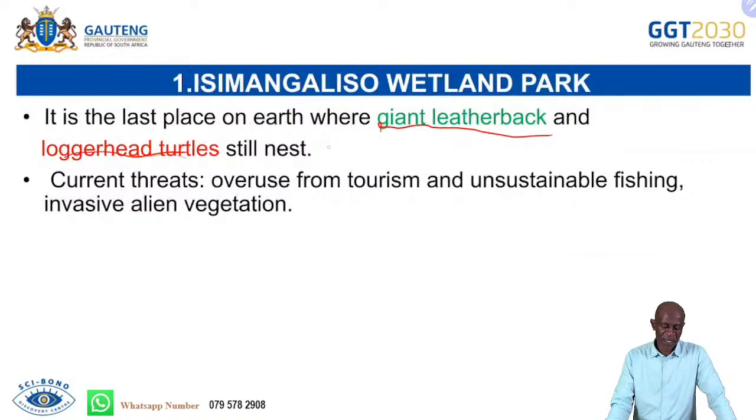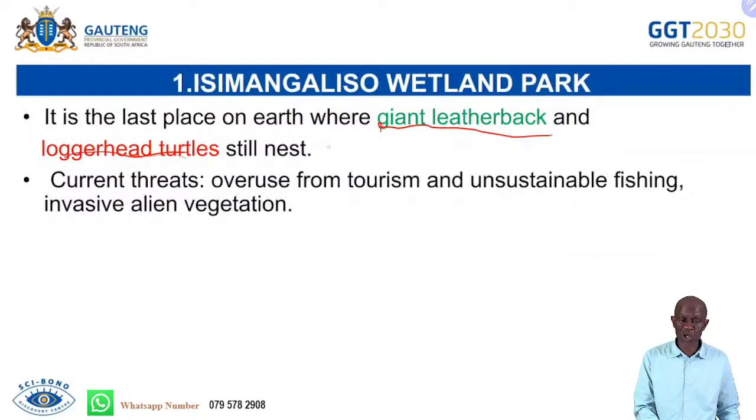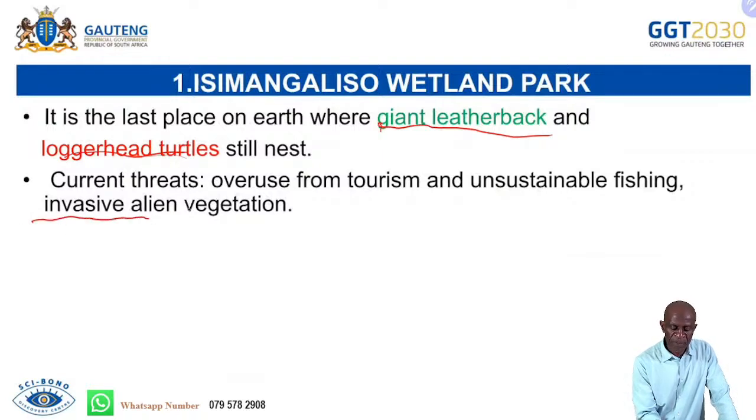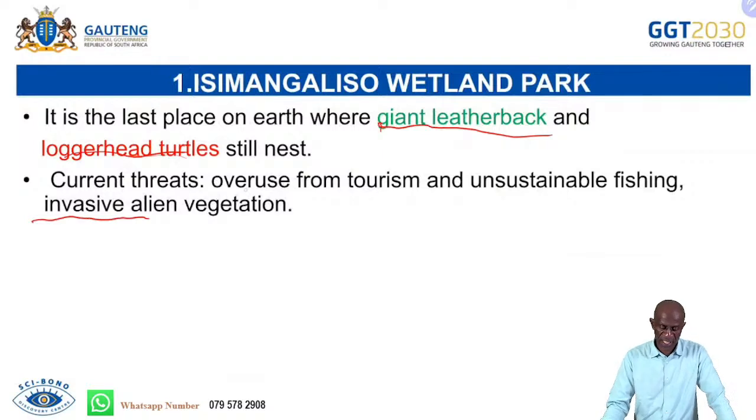Invasive here refers to invasion. So the vegetation is now spoiled by the prevalence of new species of vegetation. So it loses its natural form because there are alien weeds that spoil the beauty of the original vegetation as it was prior.